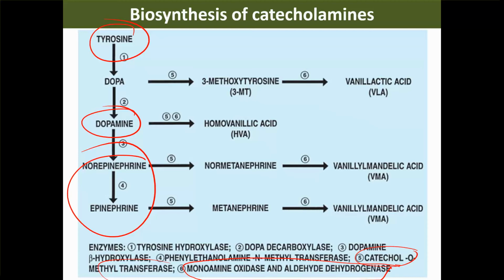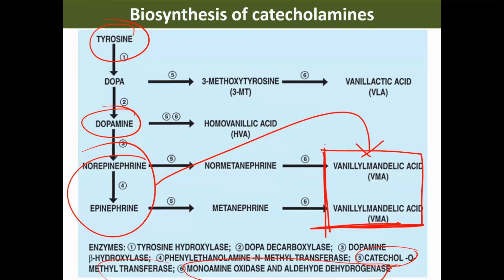So, monoamine oxidase and aldehyde dehydrogenase. These enzymes break them and they form vanillyl mandelic acid. This you should not forget. This is the breakdown product of epinephrine and norepinephrine.